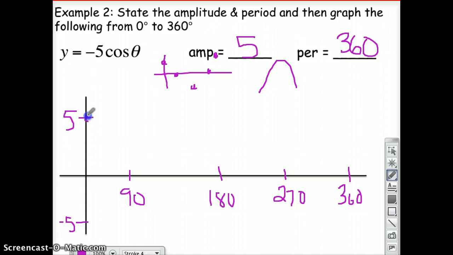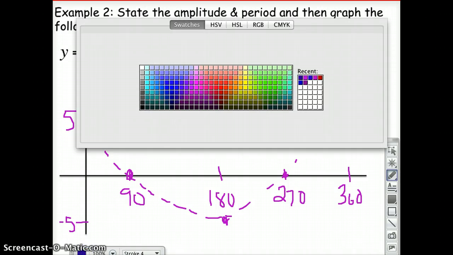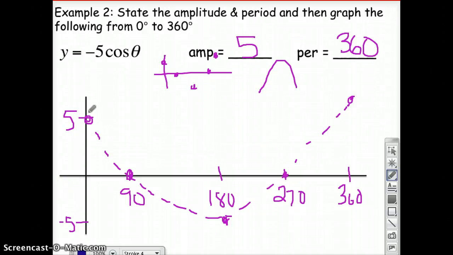So let me sketch the regular cosine graph as a dotted line to help me sketch the new graph. So this is what it would be if it were not flipped. I'm going to use that to help me flip it. So to flip it, everything reflects across the x-axis. The zeros remain.